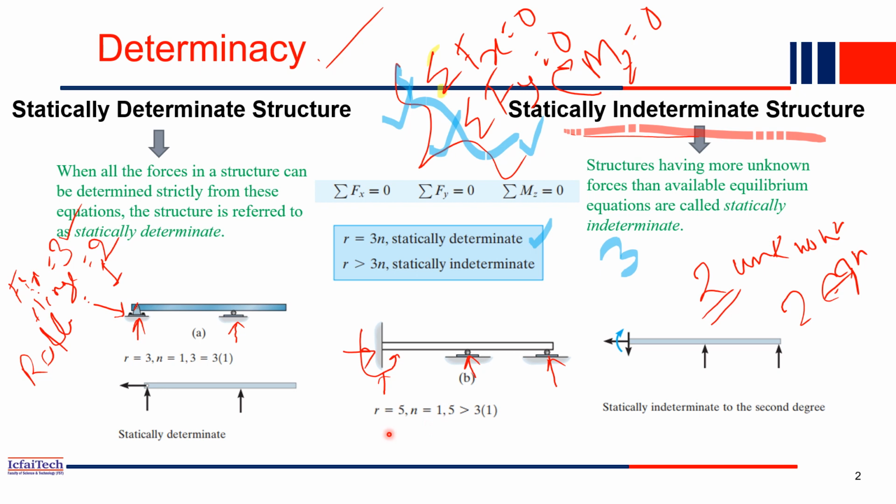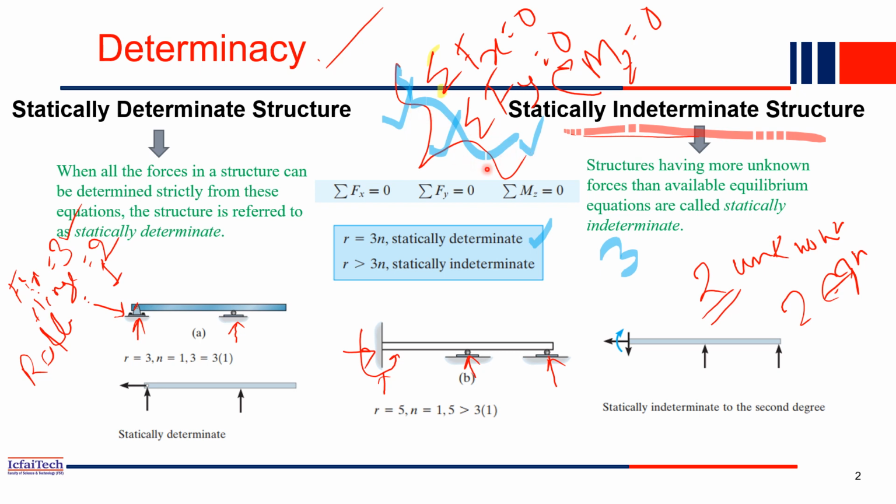So R is 5, and the total available equations we have is 3. This beam is a statically indeterminate beam because we have only 3 equations, whereas our unknowns are 5. So we cannot calculate all the 5 unknowns using only these 3 equations.